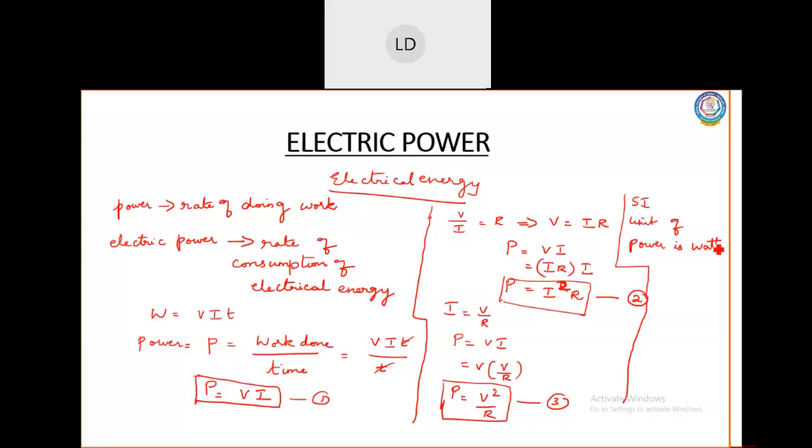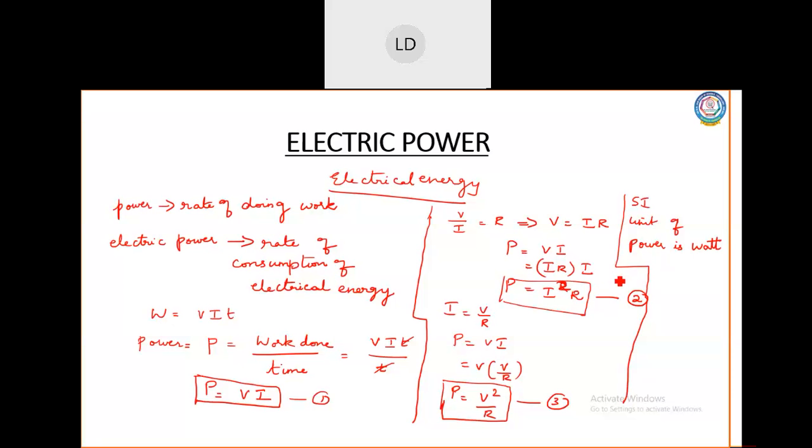Watt. Okay. So the power is said to be 1 watt when a potential difference of 1 volt is applied to pass a current of 1 ampere. So when an electric device is operated at a potential difference of 1 volt and if it is carrying a current of 1 ampere, then the power is said to be 1 watt.